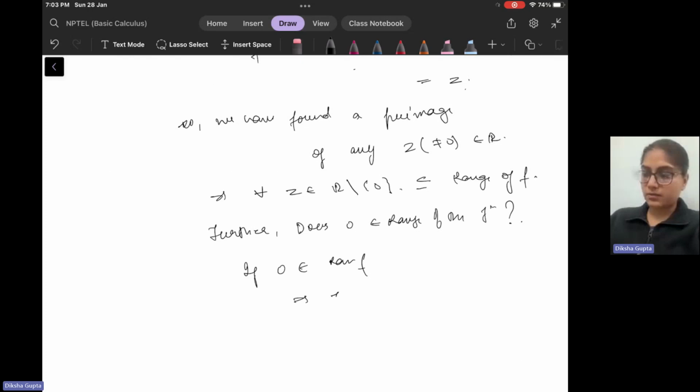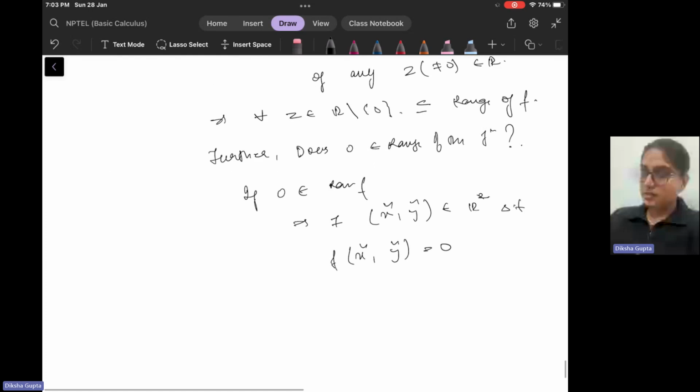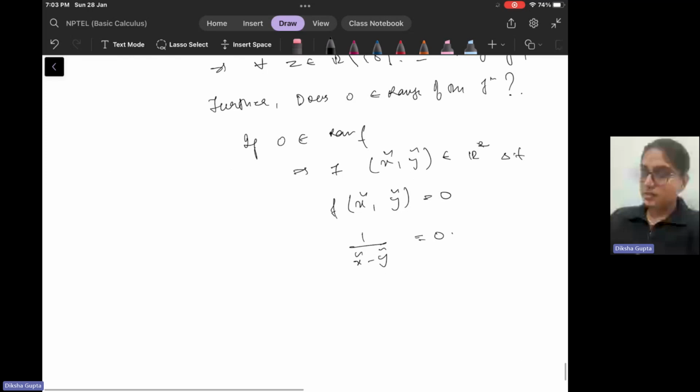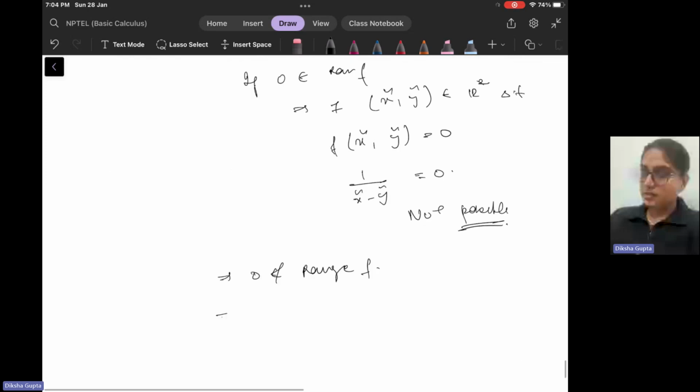If 0 belongs to the range of f, there exists x tilde, y tilde belonging to R2 such that f(x tilde, y tilde) is 0. Now what is the value? 1 upon x tilde minus y tilde equals 0. This is not possible for any real numbers x and y. So 0 doesn't belong to the range of f.